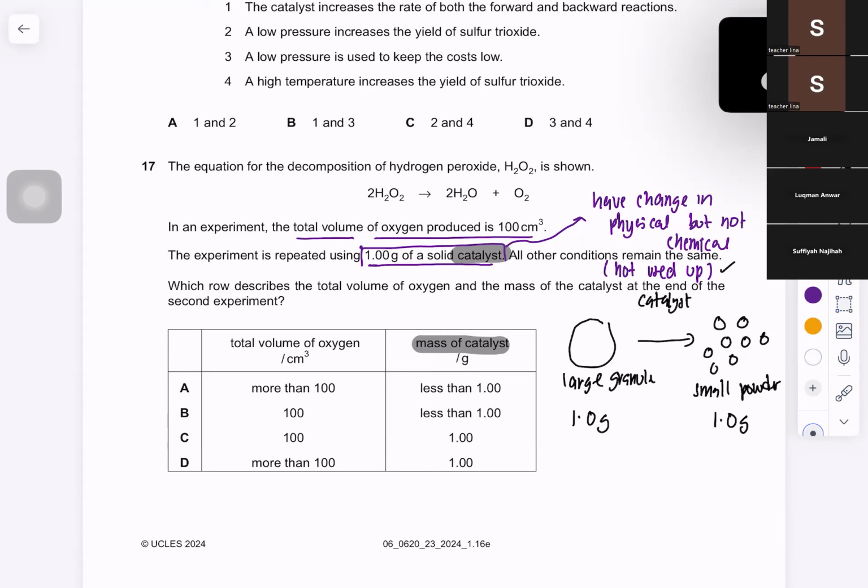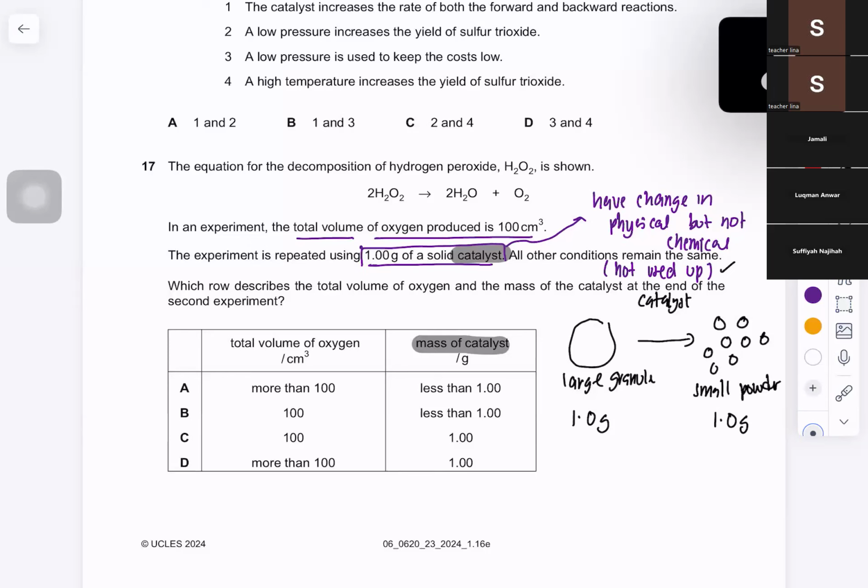No, it just speeds it up. If without a catalyst, maybe you get the product in around 10 hours. When you add a catalyst, in 1 minute you already get the product. It is just faster.